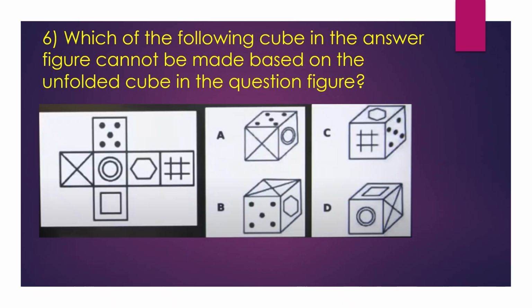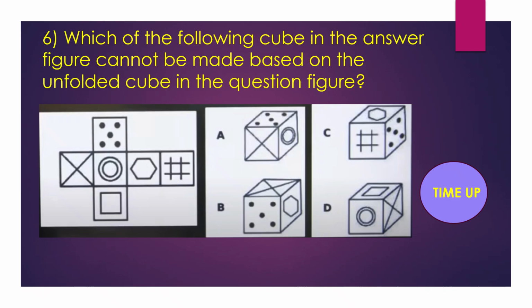Sixth question on your screen, and your timer starts now. Which of the following cube in the answer figure cannot be made based on the unfolded cube in the given figure?